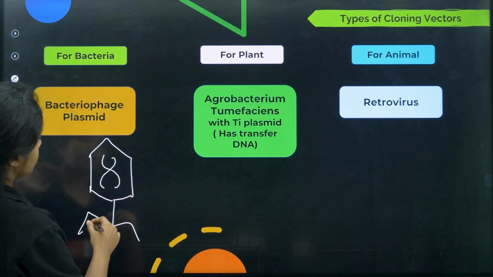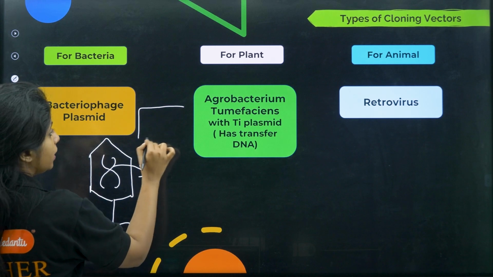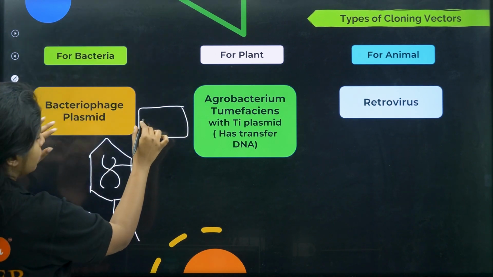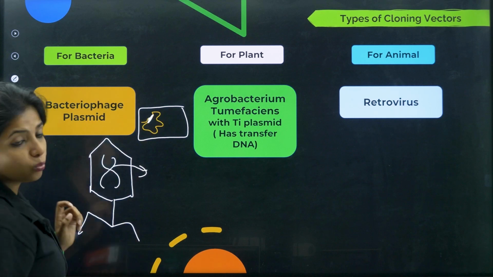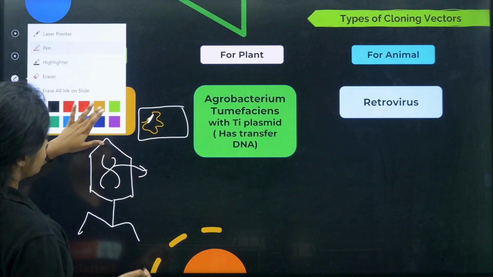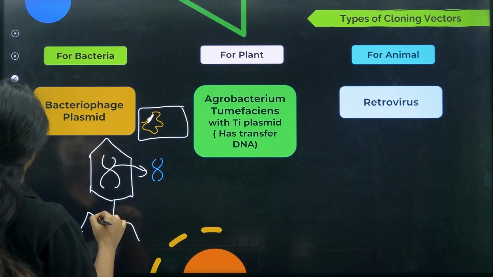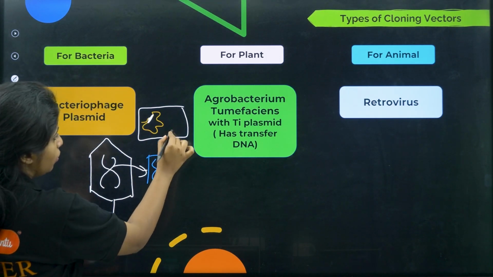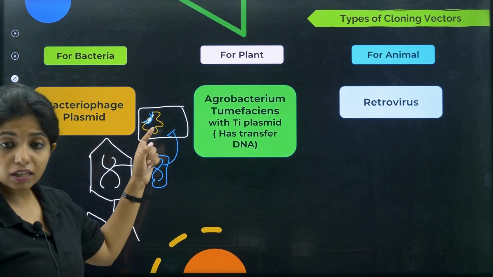Anyways, this genetic material is going to get incorporated into the bacterial genetic material. So why not cleave a portion of this and put my gene of interest there? So I am putting my gene of interest over here, and then this is going to infect, and now I have my gene of interest over here as well. This is in the case of bacteria.